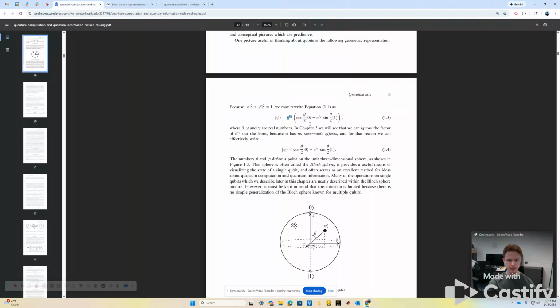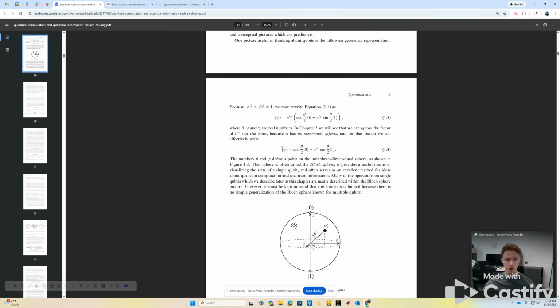And once you factor it out, this new position can be represented as e^(i(psi minus gamma)). And then you can take that term and represent it as a new variable entirely. So that gives you this term. And a key point is that this factored term contributes no physical meaning at all, so we can essentially disregard it.